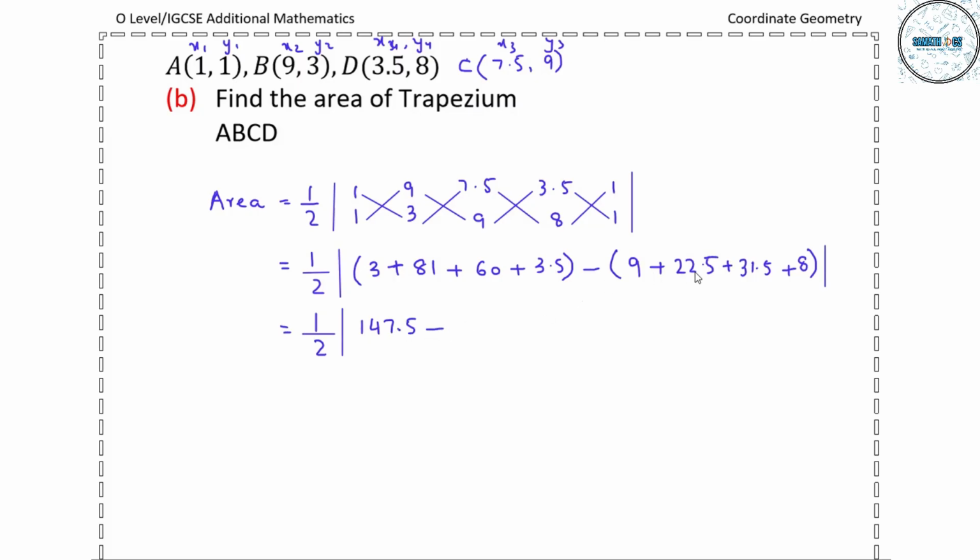Minus 9 plus 22.5 plus 31.5 plus 8, which is 71.